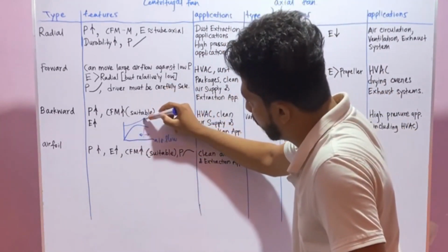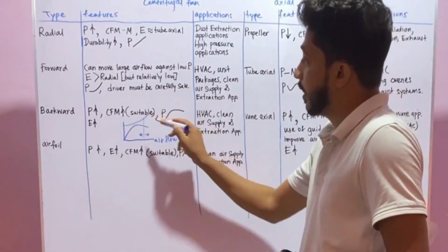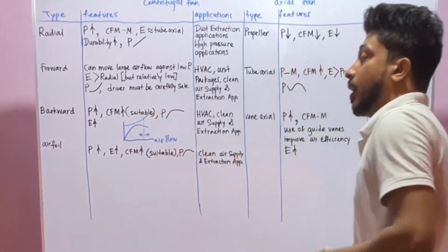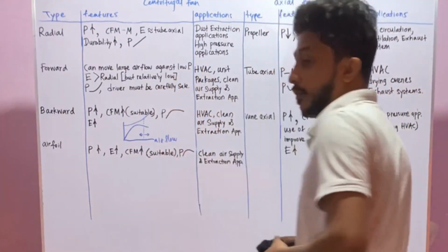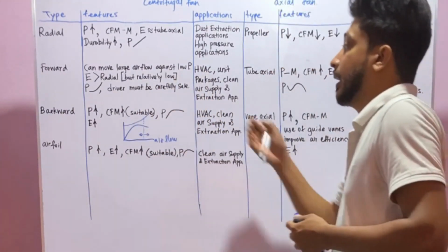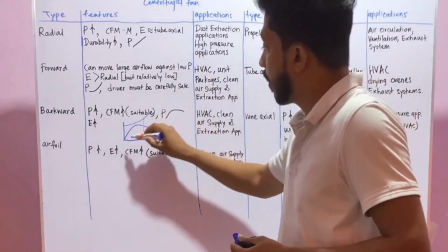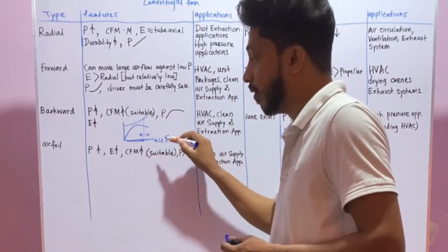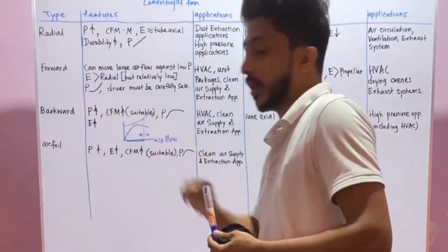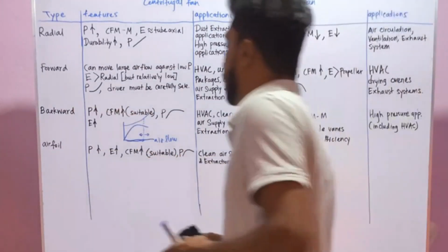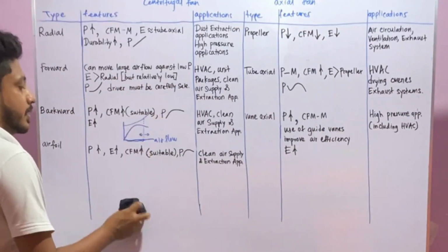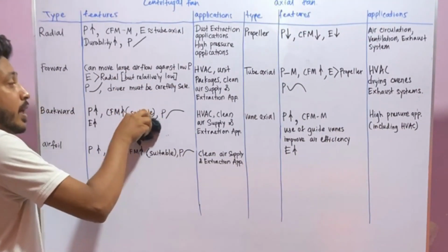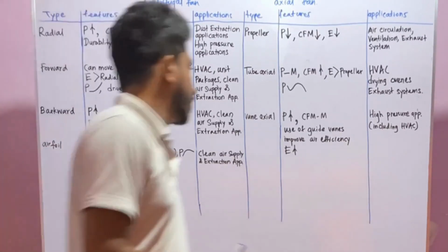The motor can be overloaded, because if this airflow is slightly increased, the power for the motor will be hugely increased. So for a higher CFM, and if we have an uncertain airflow, backward curve fans are good. That is why I told you it is suitable for higher CFM, and also if we have an uncertain airflow, backward curve fans are good.